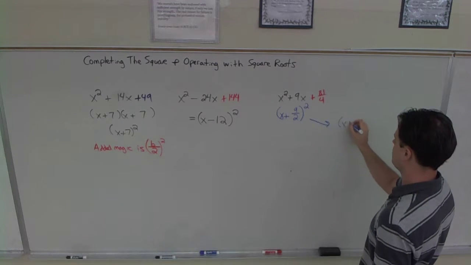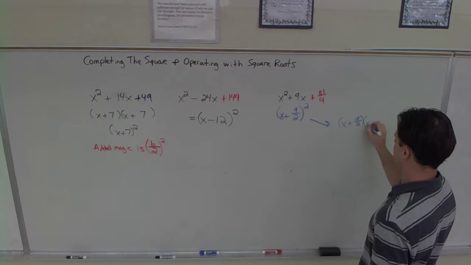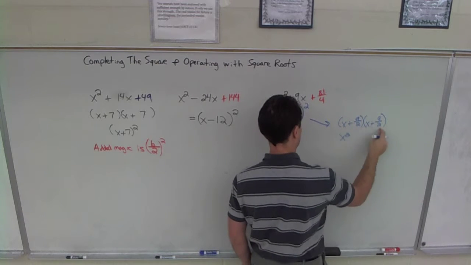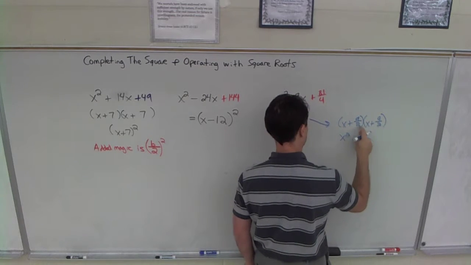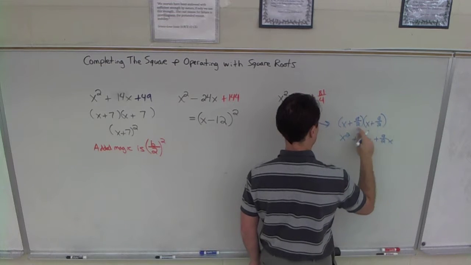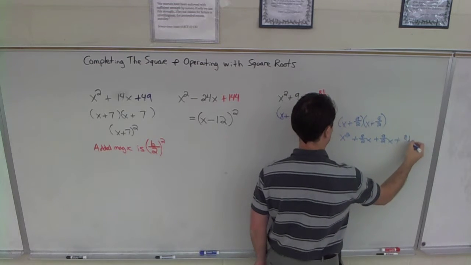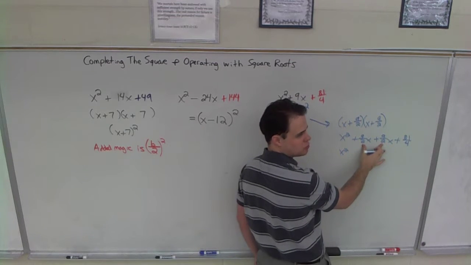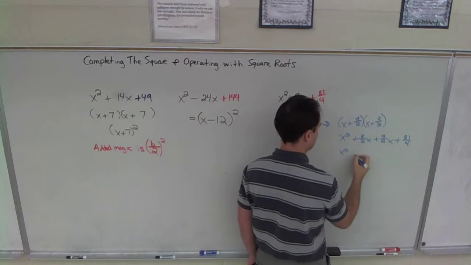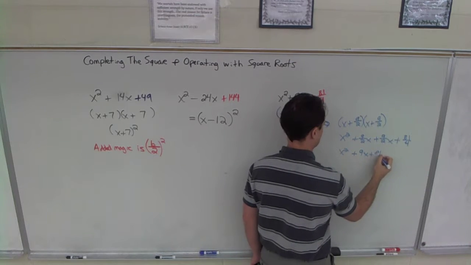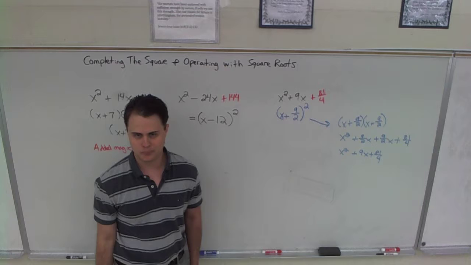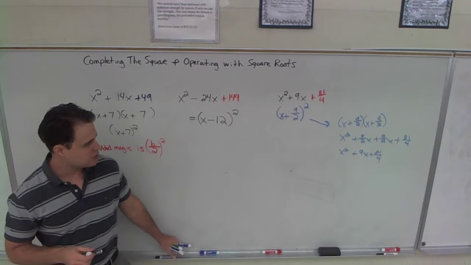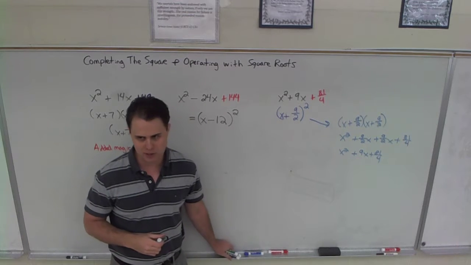Let's find out. These are like terms. 9 halves is 4.5. What's 4.5 plus 4.5? It worked. It was made to work all along, so it shouldn't be a surprise to you. So there's how you complete the square. How you, like I like to say, add the magic.